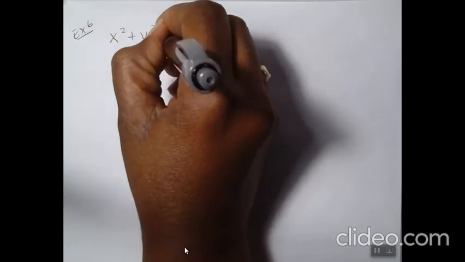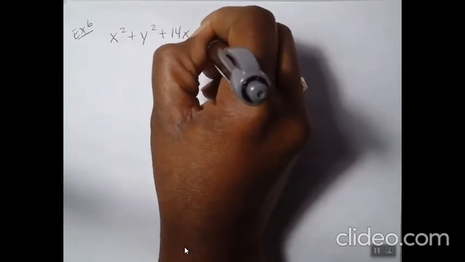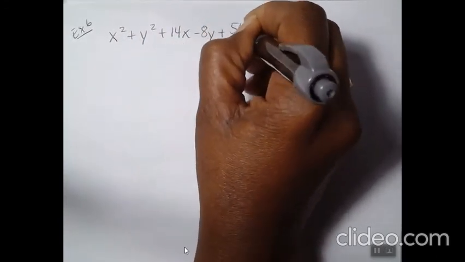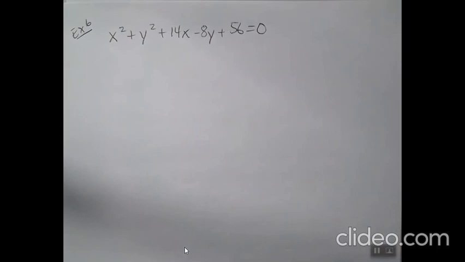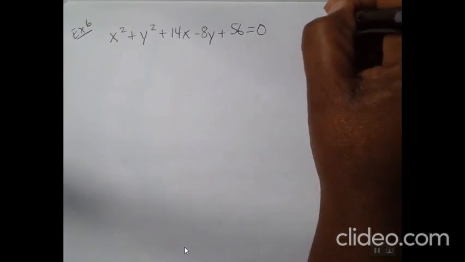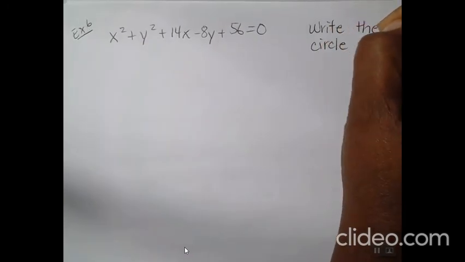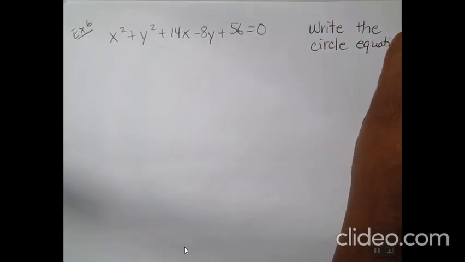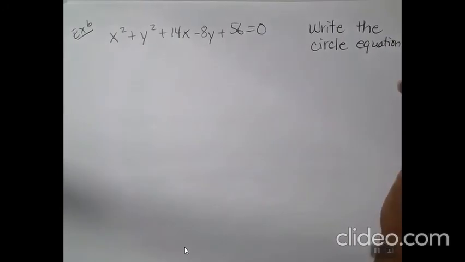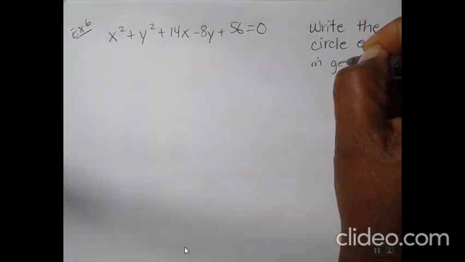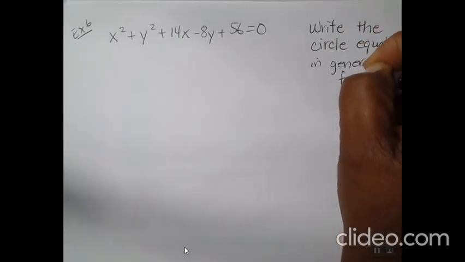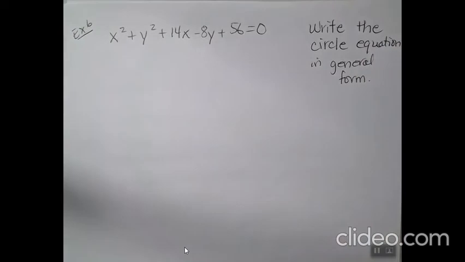So if we're given, I think we're on example 6 now, x squared plus y squared plus 14x minus 8y plus 56 equals 0, and we're told to write the circle equation in general form.